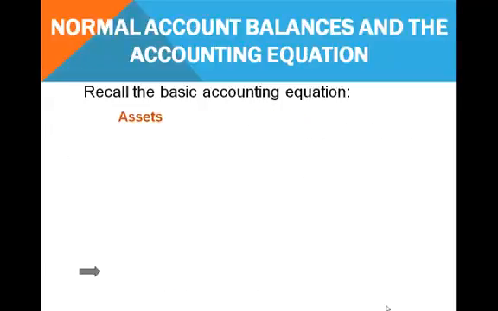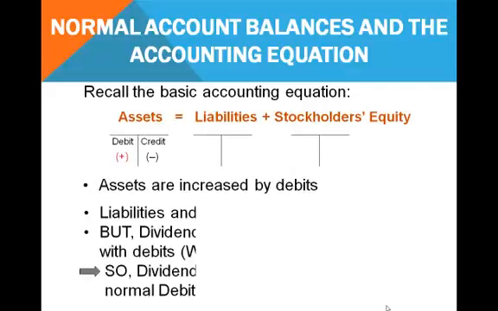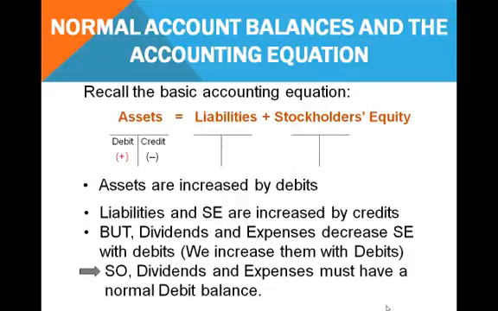Recall the basic accounting equation. Assets equal liabilities plus stockholders' equity. Assets are increased by debits, but liabilities and stockholders' equity are increased by credits. However, dividends and expenses decrease stockholders' equity with debits. We increase them with debits, but that does what to stockholders' equity? That decreases stockholders' equity. So dividends and expenses must normally have a debit balance.